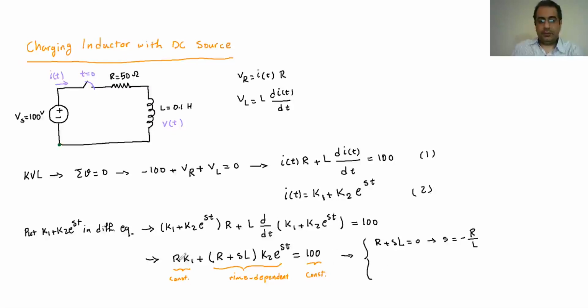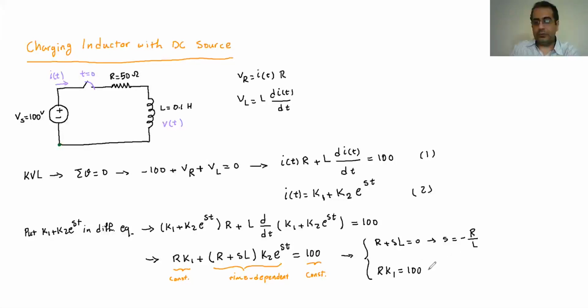And then also, for this equation to be satisfied, the constant should be equal to the constant. So whatever constant I have on the left side should be equal to whatever constant I have on the right side. So R times K1 should become 100.